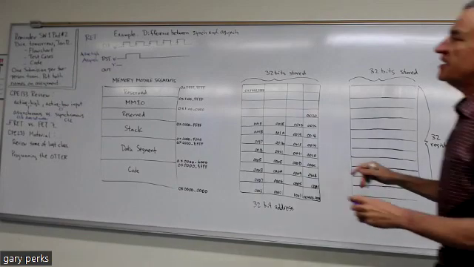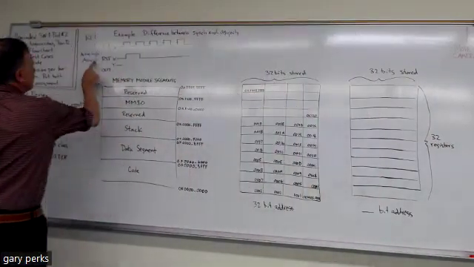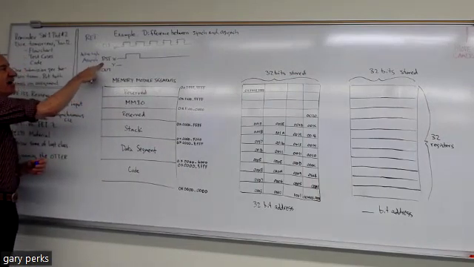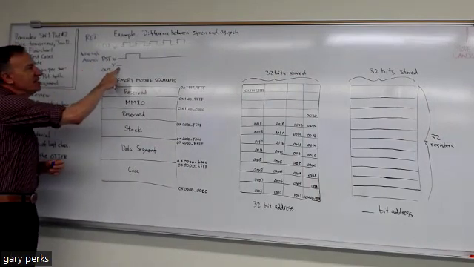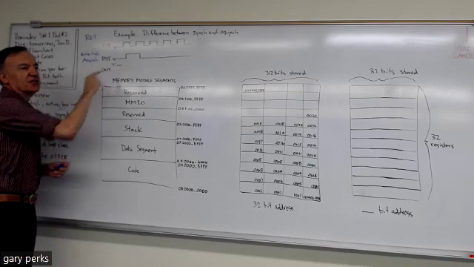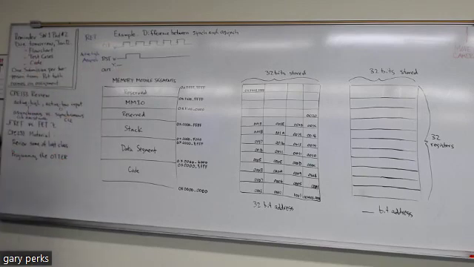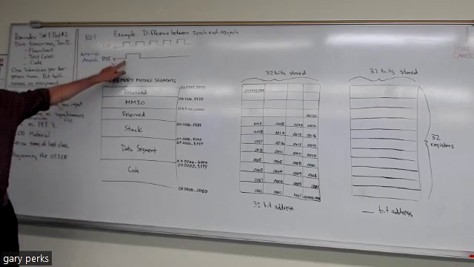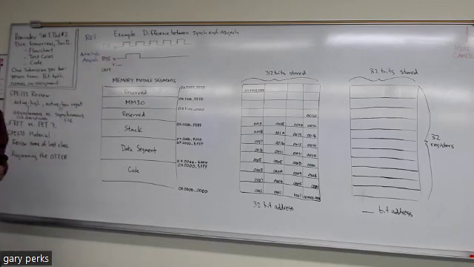So if this is an asynchronous, active high reset, when is this output going to go to 0? Starts off at 1. And then at this time here, that's when the active high asynchronous reset goes to 1. So when would this output go to 0? In other words, when does the reset happen?